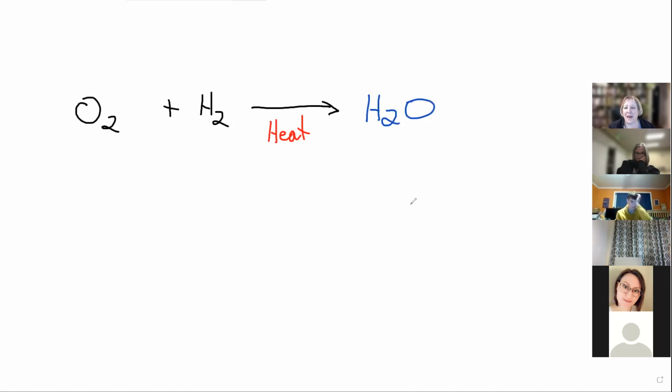That is a synthesis reaction. I'm putting things together, I'm synthesizing them.